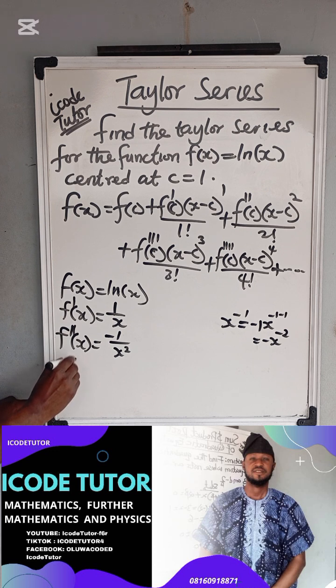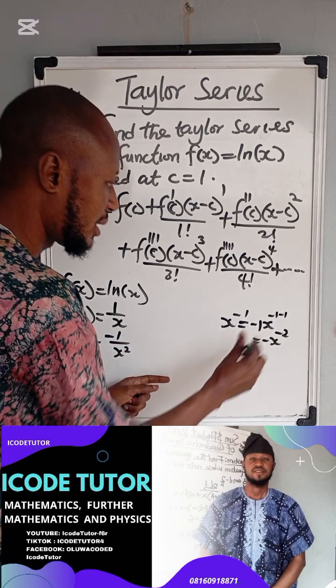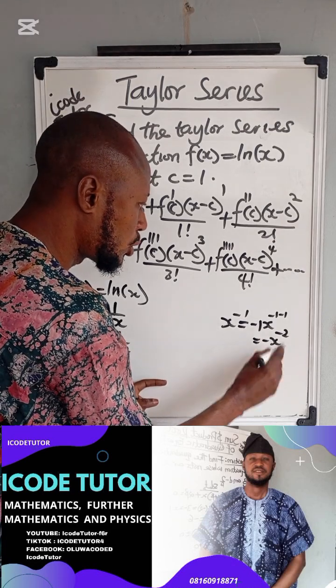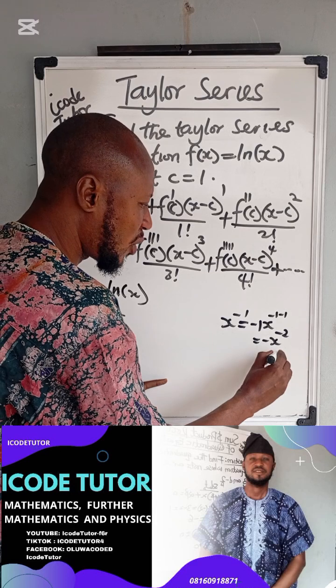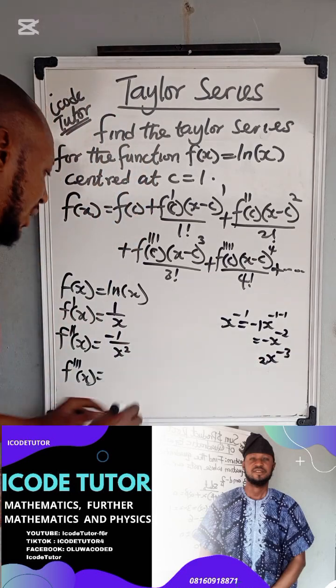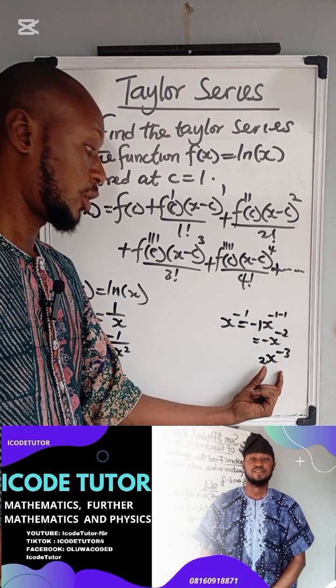Now f triple prime of x, that is the third derivative. This one will be minus 2 times negative 1, that is 2, into x raised to power minus 3. That means that we have 2 divided by x raised to power 3, from the law of indices.